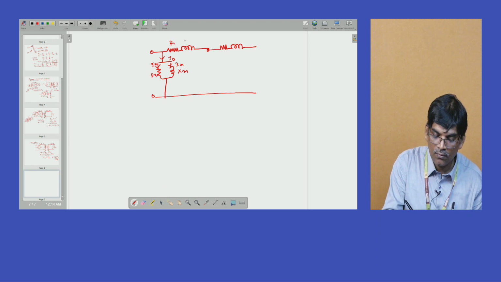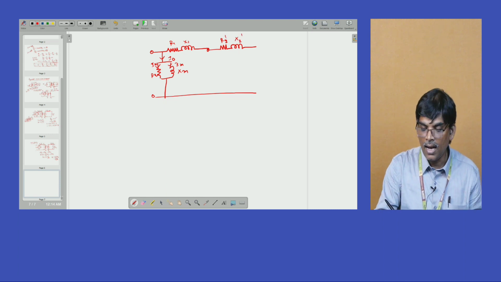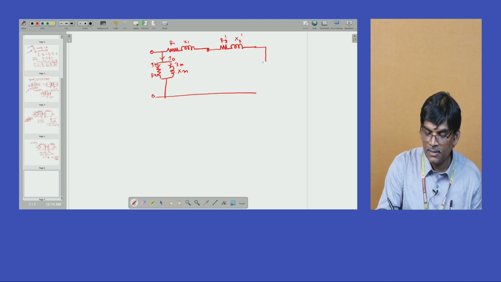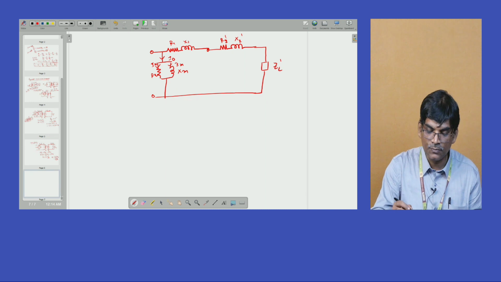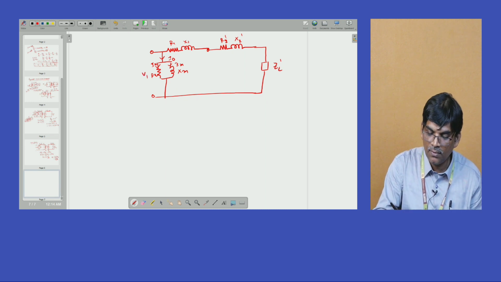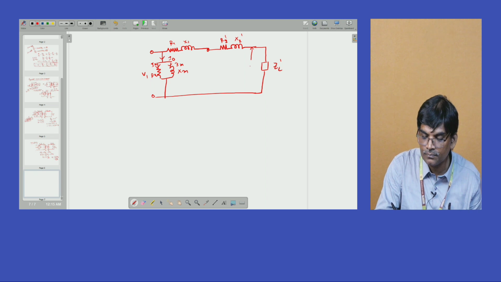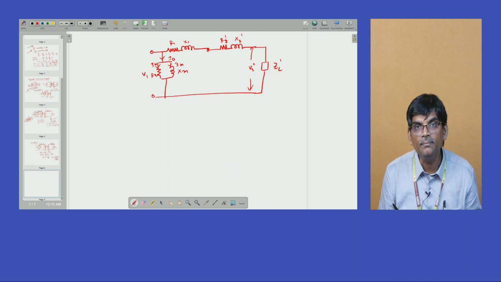This is called R1, this is called X1, this is called R2 dash and X2 dash, and the load is also transferred to this side, that is called ZL dash. This is the term. So we are applying V1, and this is called V2 dash. This is the circuit diagram.